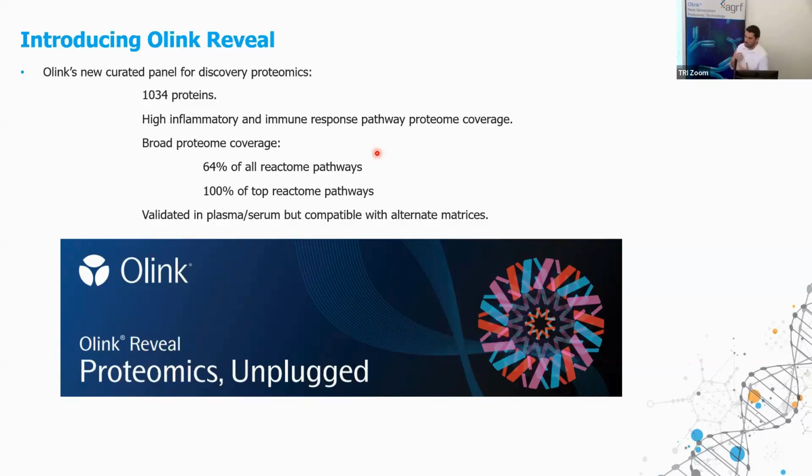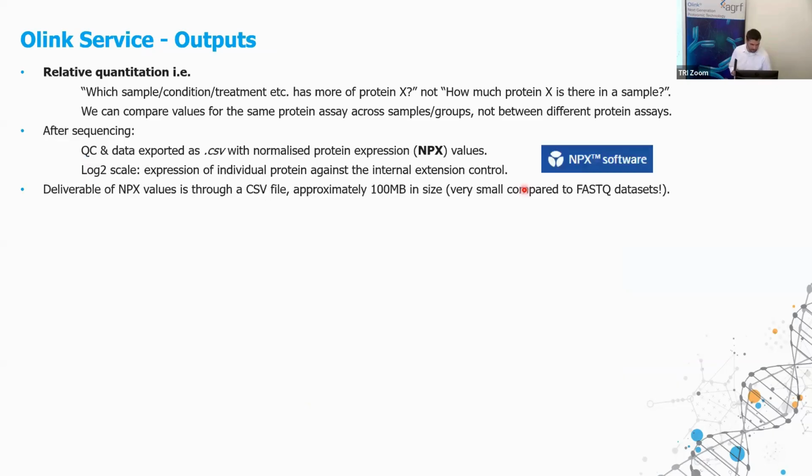So you can appreciate from a bioinformatic perspective, this is still a very useful tool when doing discovery proteomics and wanting to build a robust differential expression analysis. As I mentioned, it's validated in plasma and serum, but it's compatible with alternate matrices, though, as you can appreciate, because it's a new product, there are yet to be papers in this field.